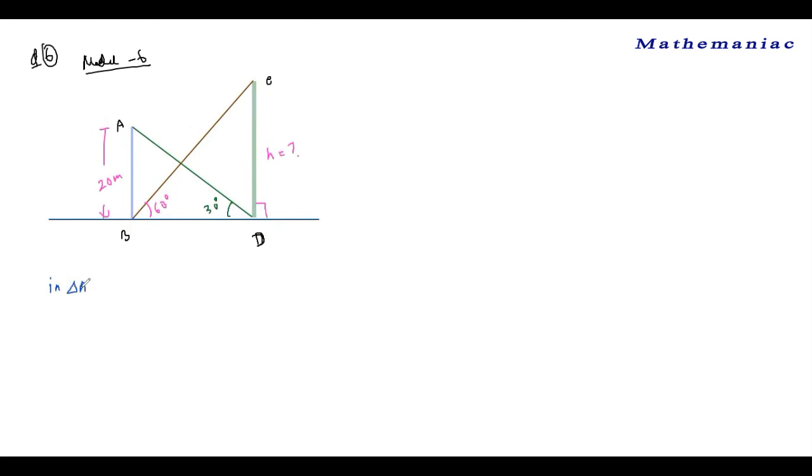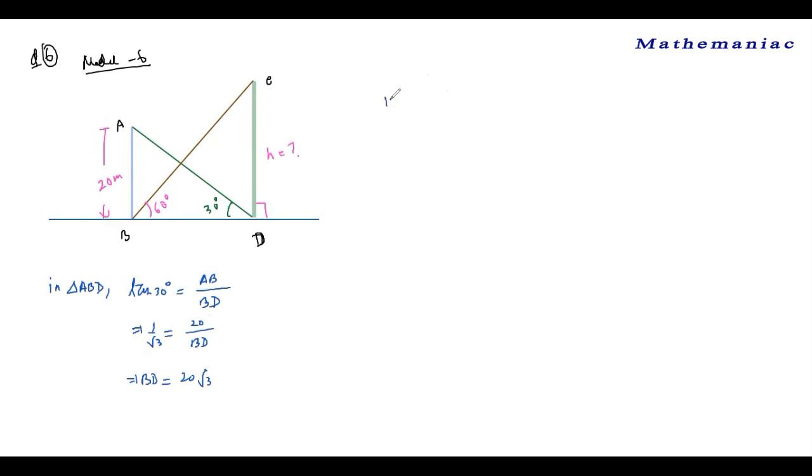In triangle ABD we have 30 degrees, so tan 30 will be equal to AB by BD. Tan 30 is 1 by root 3. AB is 20, so I get the BD value. After cross multiplication, BD will be equal to 20 root 3.